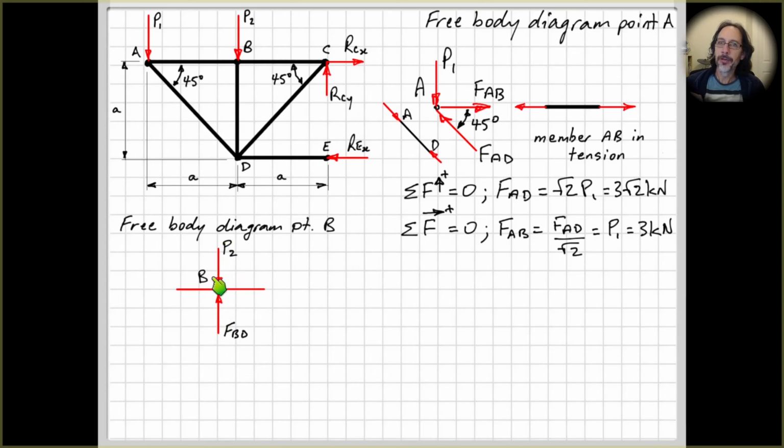And over here, we need to now put on the force that's exerted by the member FAB. So here we need to put equal and opposite to what we've got here on joint A, or it might be easy for you to think of it that we have to have equal and opposite to what we've got here at the end of this member AB in tension.